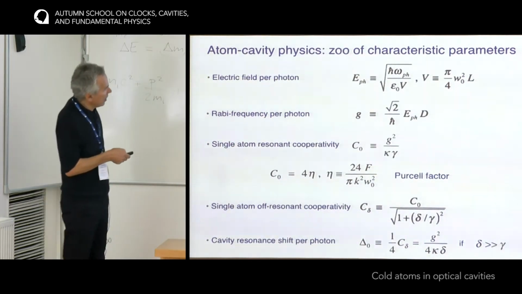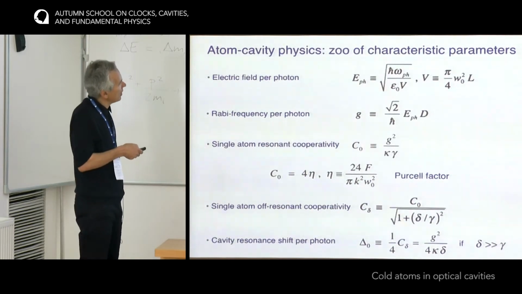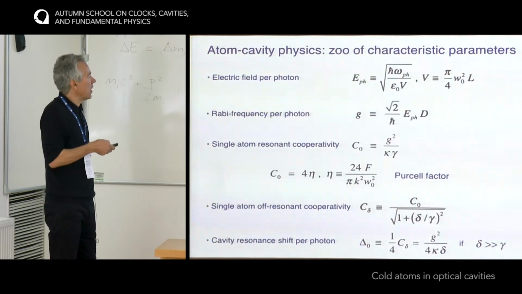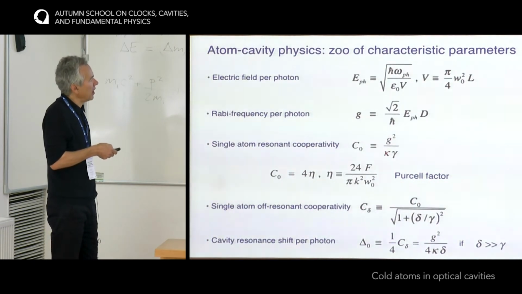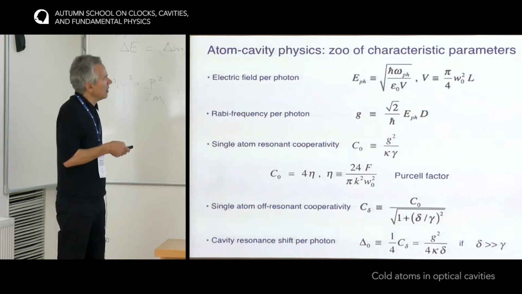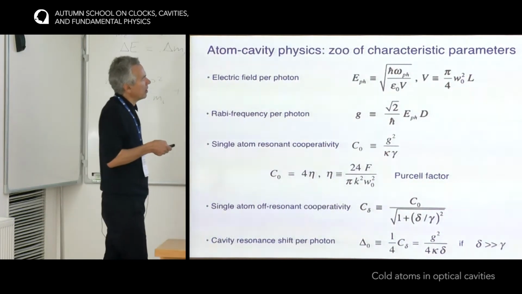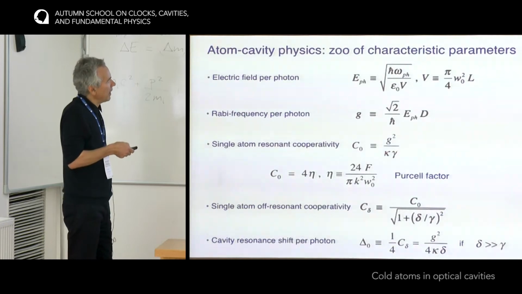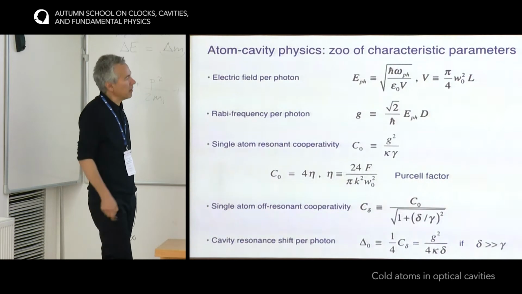This is what I call C naught, and this is g squared divided by kappa and gamma. Kappa is the reciprocal photon lifetime, or 1 over the photon lifetime, and gamma is the decay rate of the atomic dipole.